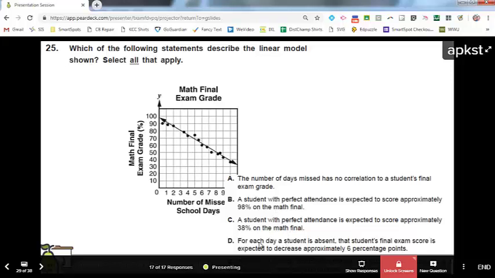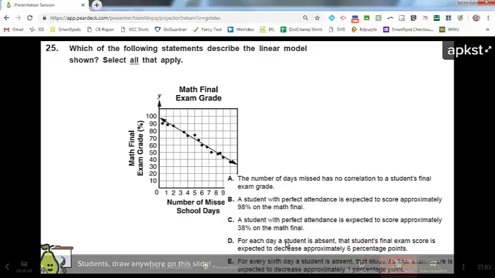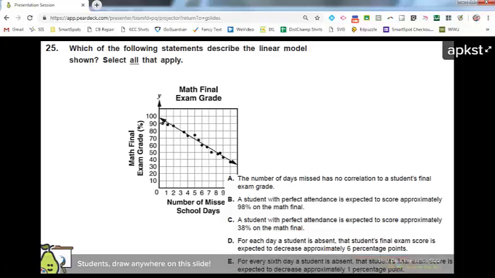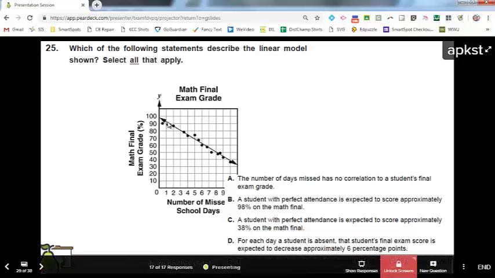On the next one, D is what most people were saying. For each day a student is absent, the student's final exam score is expected to decrease approximately 6%.